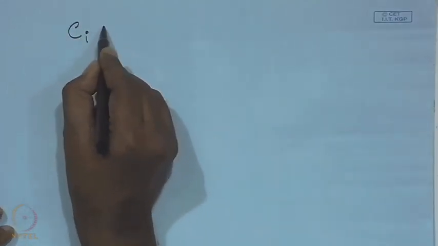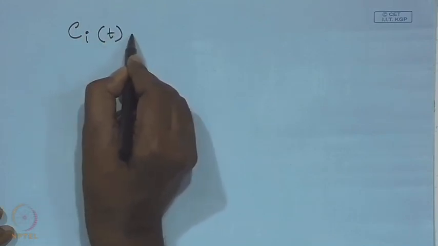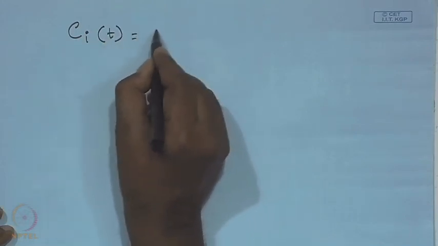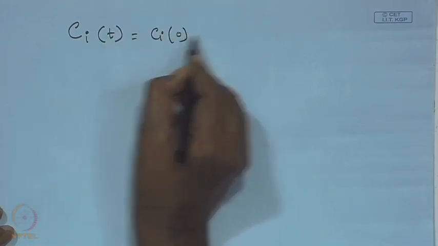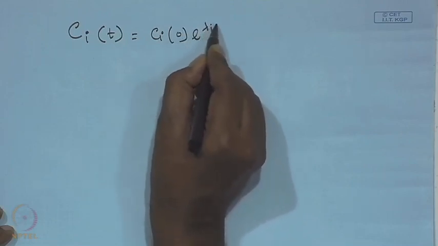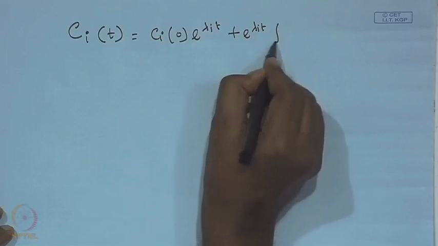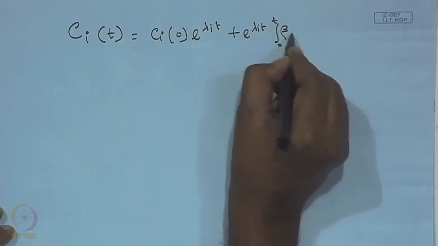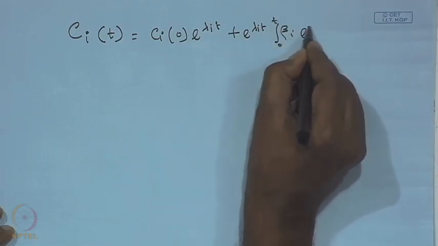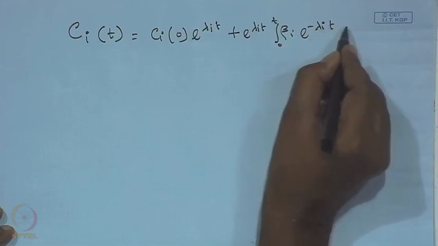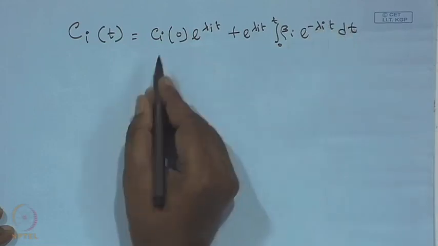If you look into the complete solution, we wrote c_i(t) equal to c_i0 e to the power lambda_i t, plus e to the power lambda_i t times the integral from 0 to t of beta_i e to the power minus lambda_i t dt.